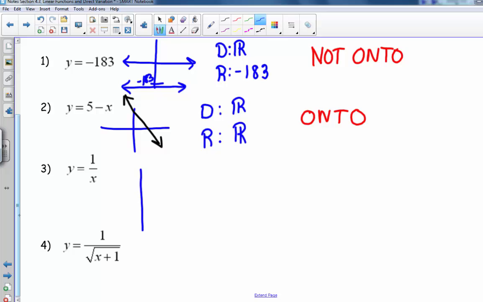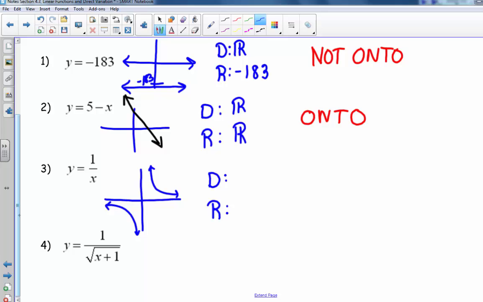Next graph is a rectangular hyperbola. The domain is everything but 0.